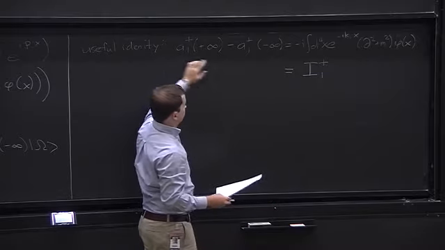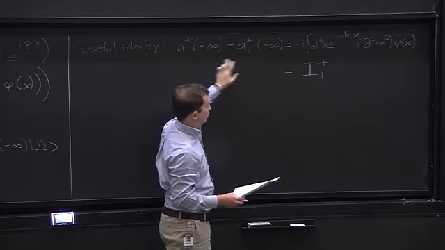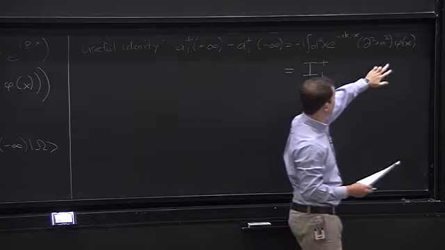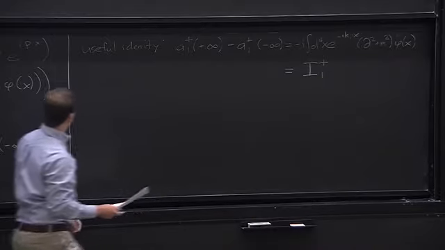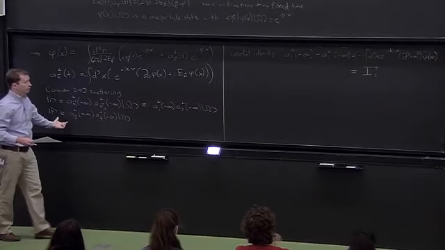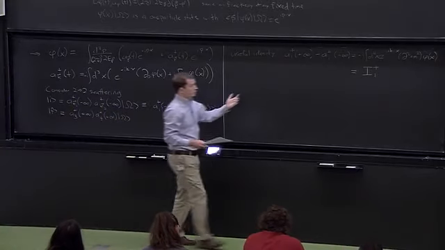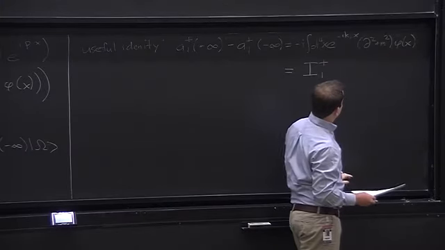So here we've got a relationship between the creation operators in the future and the past, and it's related to the field operators, which is what we want if we're going to relate our scattering cross-section, which is in terms of momentum eigenstates, in terms of the ladder operators in the far past and far future, and our field operators. We're going to get a time-ordered expectation value related to our field operators.